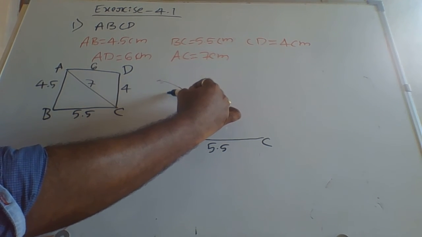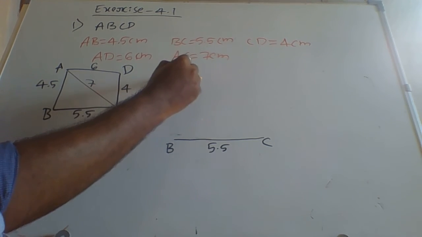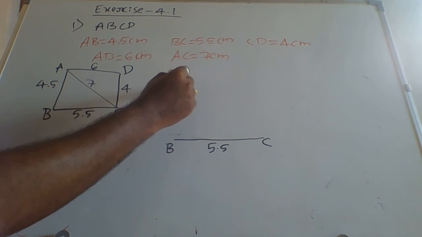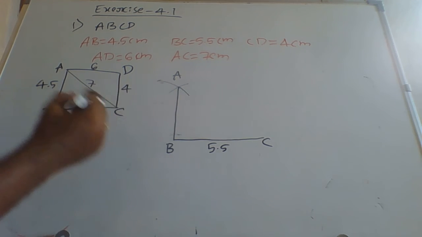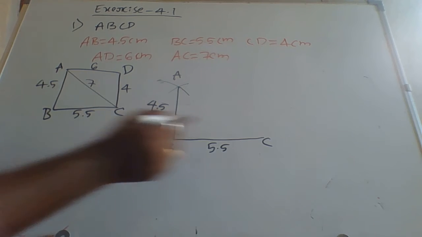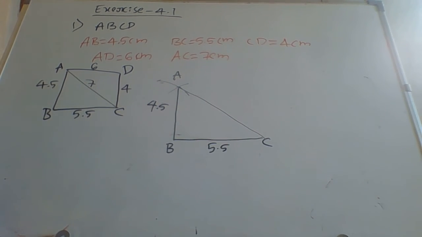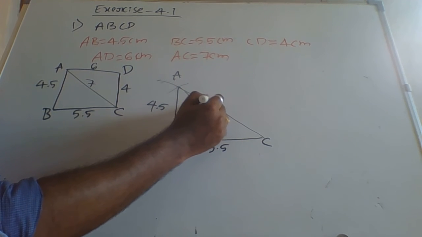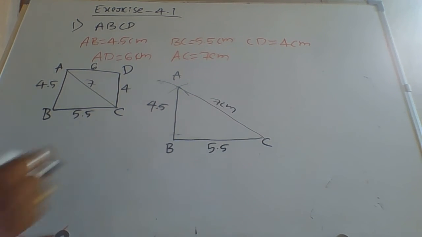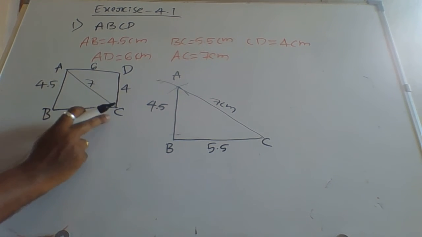So now we will get point A. Here AB is 4.5 centimeters and this AC is 7 centimeters. Now we got these 3 points A, B, C.